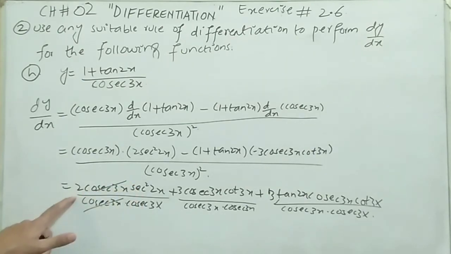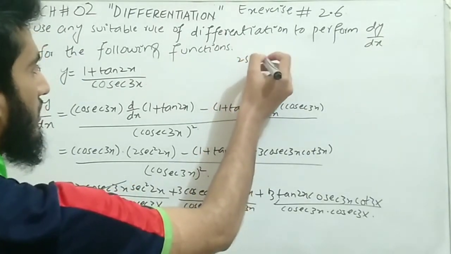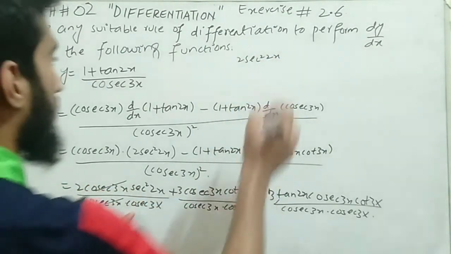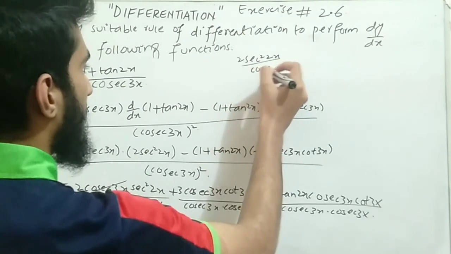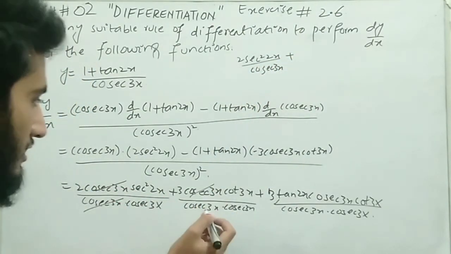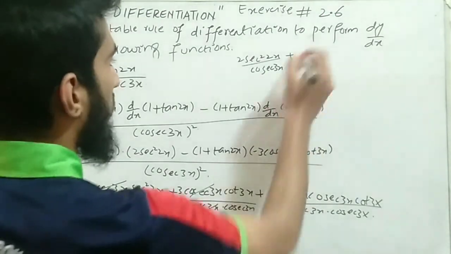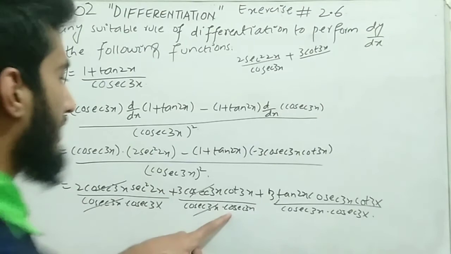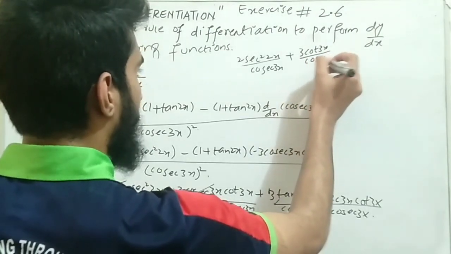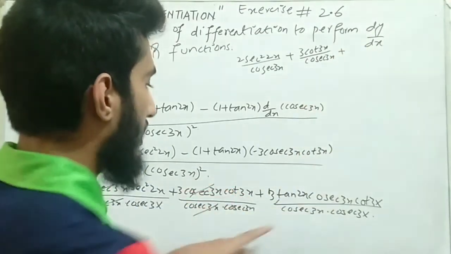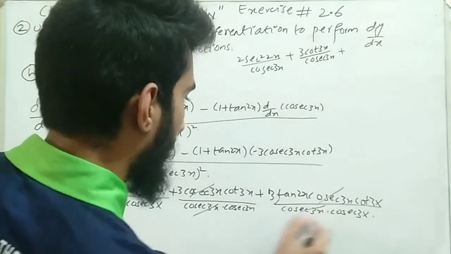We are left with 2 secant square 2x divided by cosecant 3x, plus cosecant 3x is cancelled out with cosecant 3x, and we are left with 3 cotangent 3x divided by cosecant 3x, plus over here cosecant 3x is cancelled out with cosecant 3x.